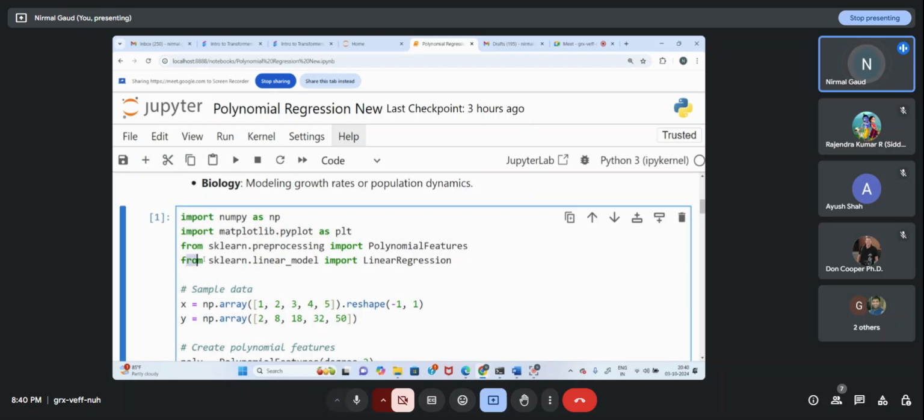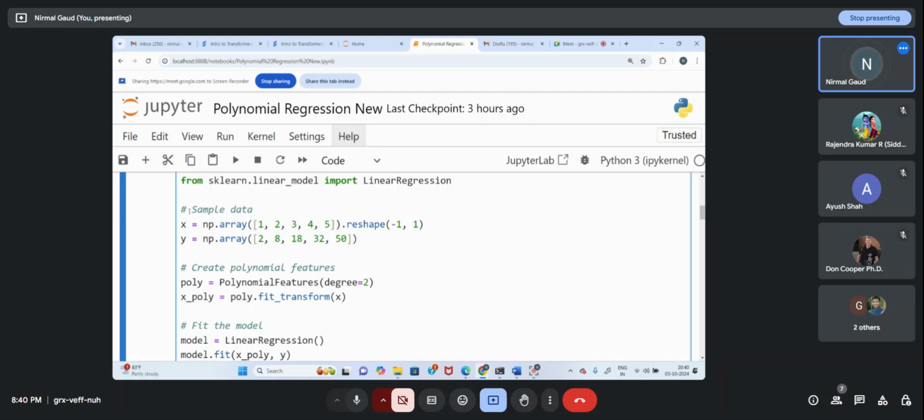You are going to take the linear model only, linear regression. Polynomial features will be taken from sklearn preprocessing. Okay, so the model will not change. Instead, we will take polynomial features.